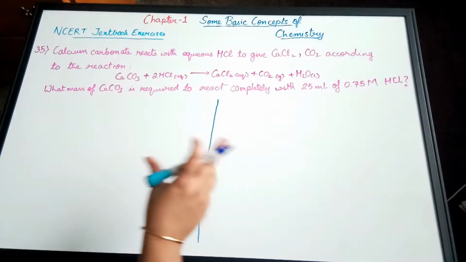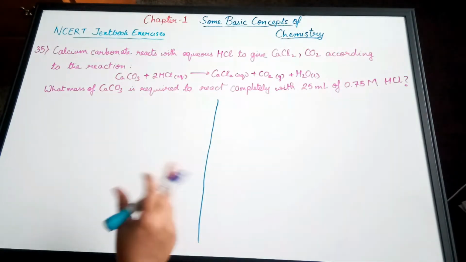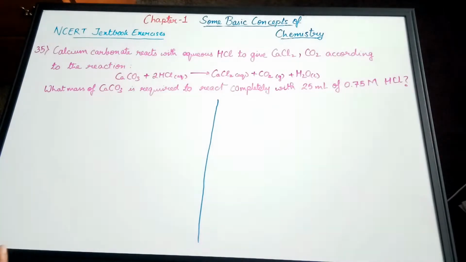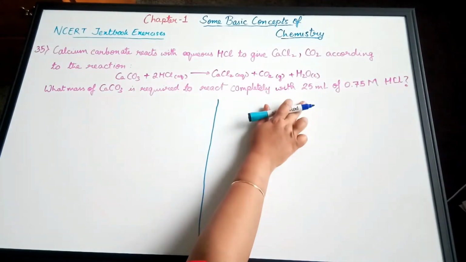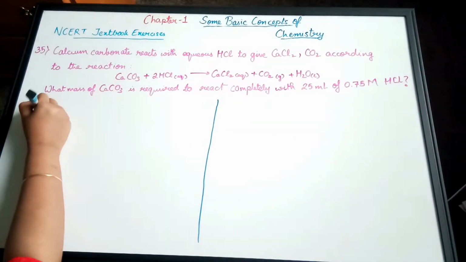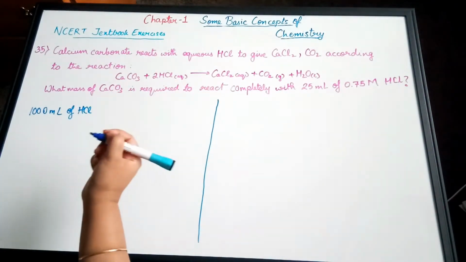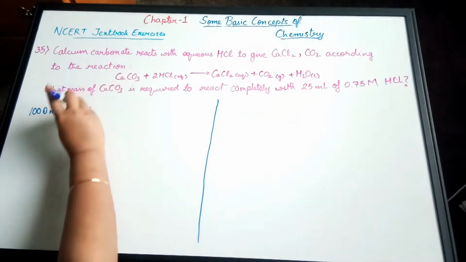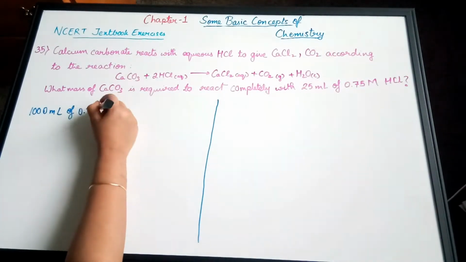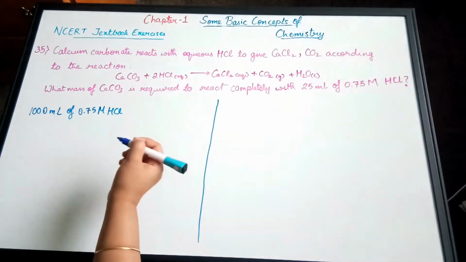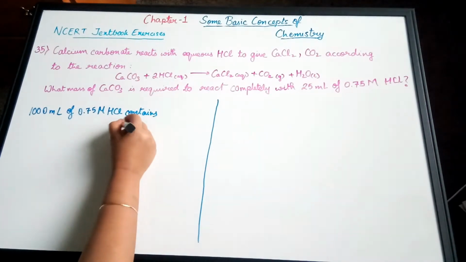So we've been given the concentration of HCl, and we've also been given the volume. So first we need to figure out the mass of HCl in this particular solution. So 1000 ml of 0.75 molar HCl contains how much HCl?